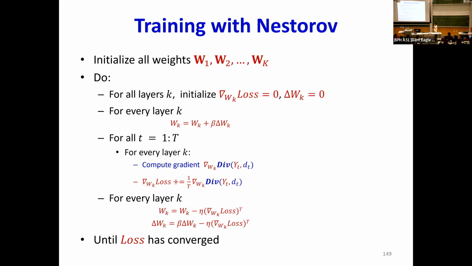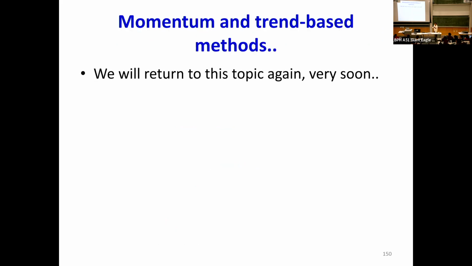We're going to return to these trend methods again very soon, but both of these techniques are based on a very simple principle: if you use some kind of a running average, then oscillations will get canceled out, and you're going to effectively end up with a different step in each direction, as opposed to a different step size.